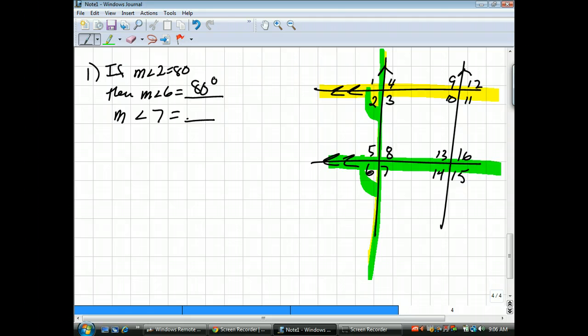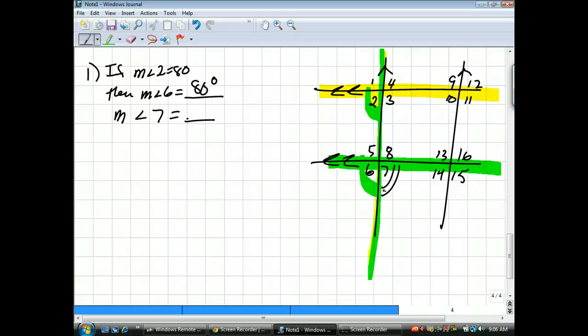Then angle 7. Angle 7 is right here. So if we know angle 6 is 80 degrees, what does angle 7 have to be? Well, angle 6 and angle 7 are a linear pair that form a straight line, and so they have to add up to 180.